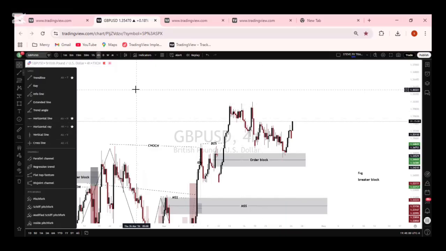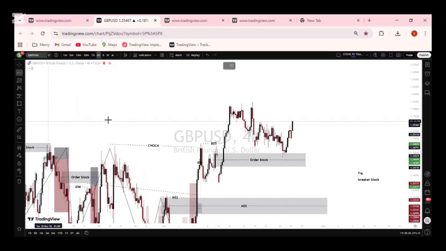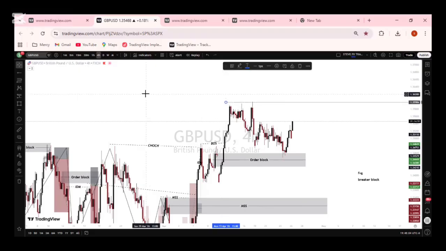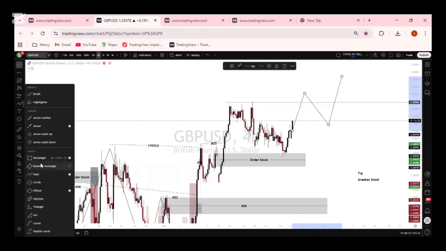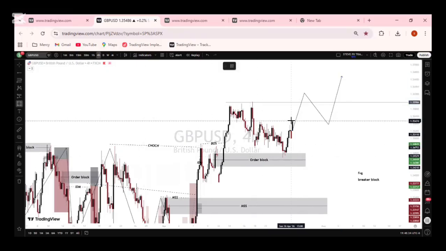You have this external structure being broken, then maybe a continuation. So with that, we will just indicate our point of interest.